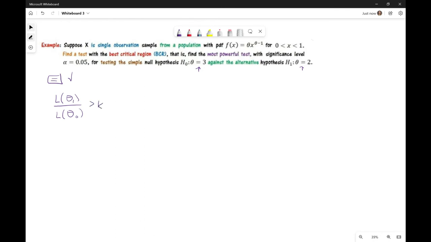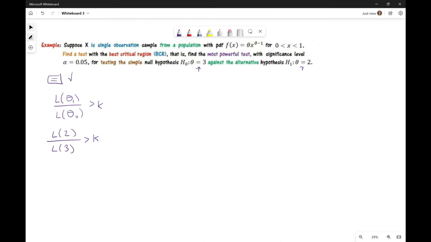In this case, our null hypothesis tells us that theta is equal to 3, and our alternative says that theta is equal to 2. So if we plug that in, we're going to have L2 over L3 greater than k.